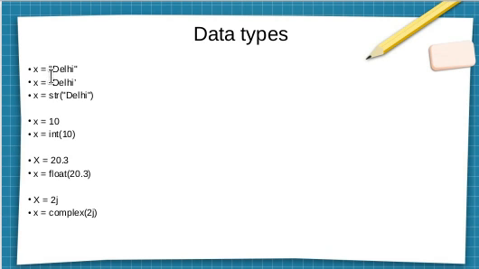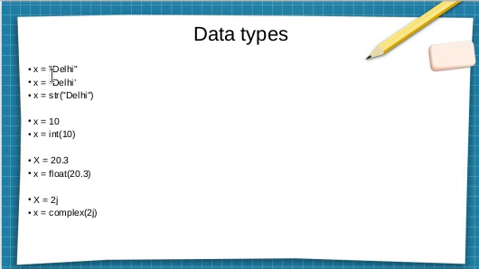If we assign a value with double quote or single quote, it will be taken as a string data type, or we can mention specifically str, for example str Delhi. Otherwise it will automatically assign the value in a string variable.